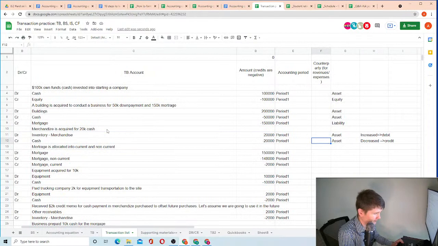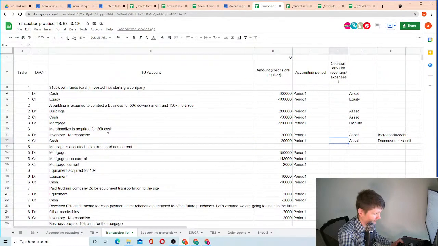From time to time, and pretty frequently, you will see transactions moving within one account class, within assets or within liabilities, or maybe even within equity. Let's check one more example.